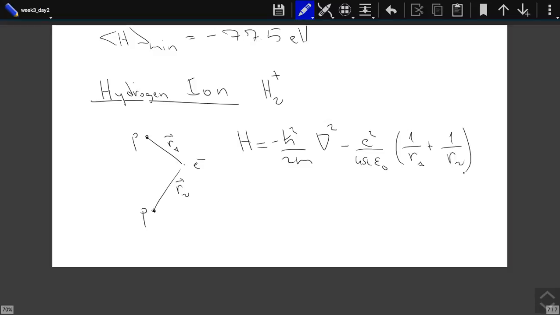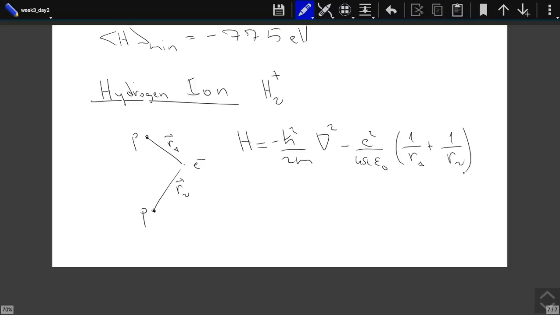So what kind of a wave function would you suggest? The simplest one. Okay, so let's assume that these protons are very far away. In that case, the electron will be either in an orbit around one of them or in the orbit around the other one.